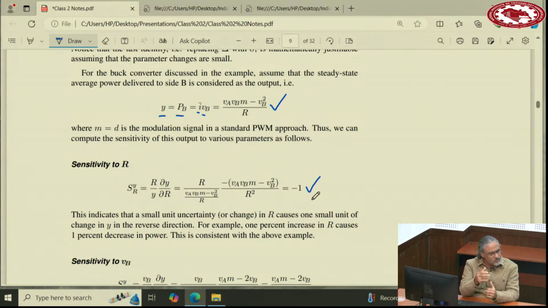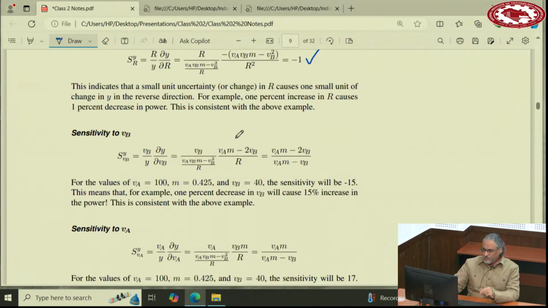So what does this mean, sensitivity is -1? It means that if R changes 1%, let's say up, if R goes up 1%, y goes down 1%, right? The same thing for this one. And then sensitivity of the output with respect to VB, you can derive a similar expression.